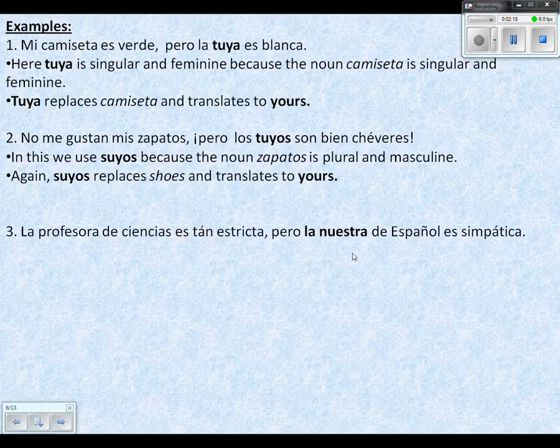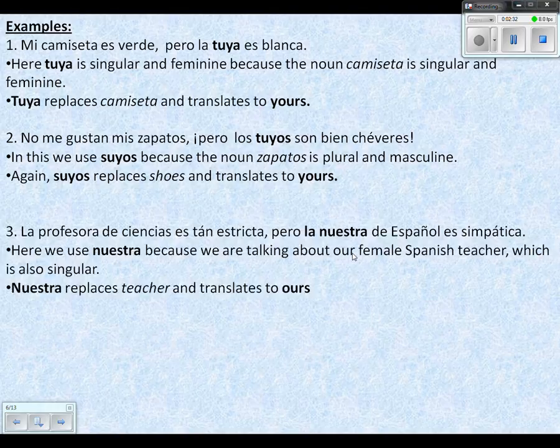A third example. La profesora de ciencias es tan estricta, pero la nuestra de español es simpática. I think you guys are going to start to see the pattern and understand what we will want for this. Here we're going to use nuestra because we are talking about our female Spanish teacher, which is also singular. Nuestra replaces teacher and translates to ours.